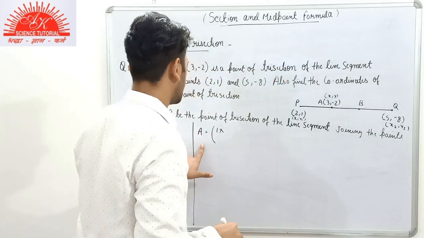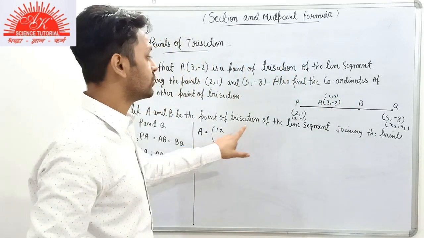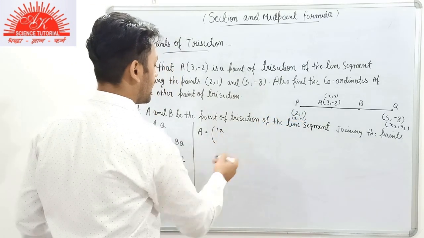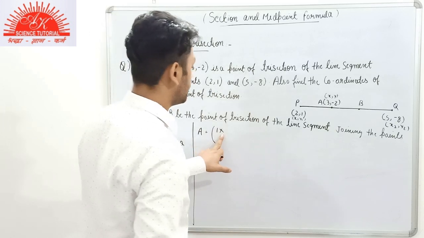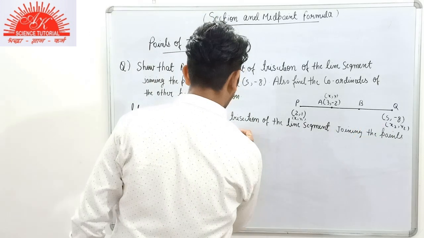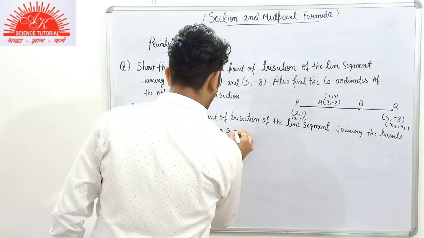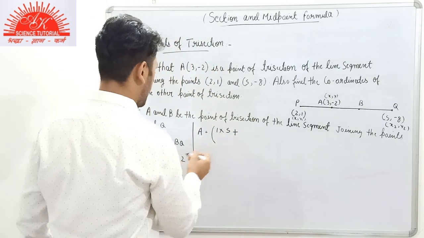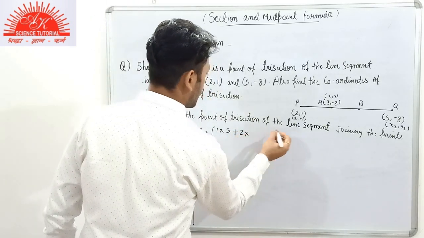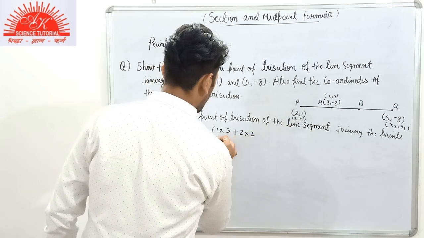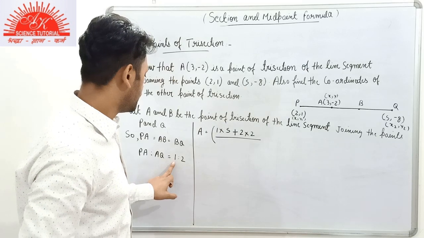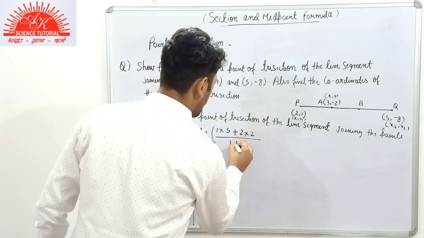The value of x2 here is 5. Again, we will add it to m2 multiplied by x1. The value of m2 here is 2, multiplied by x1, that is 2. Now we will divide it by m1 plus m2, which means 1 plus 2.